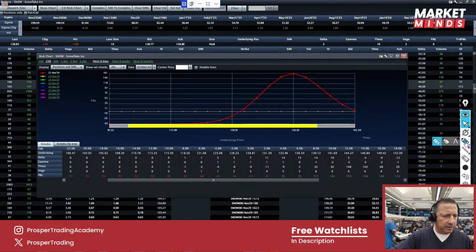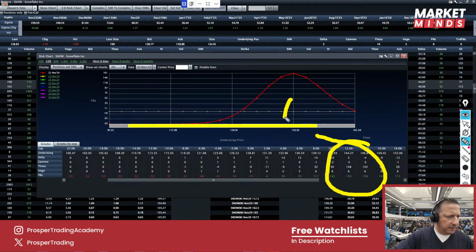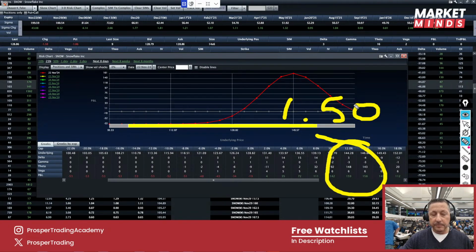That's your target. This shows it makes about $1.50. So if we paid 60 cents, what this is saying is at 145, it's going to be worth about $2.10 on Friday.